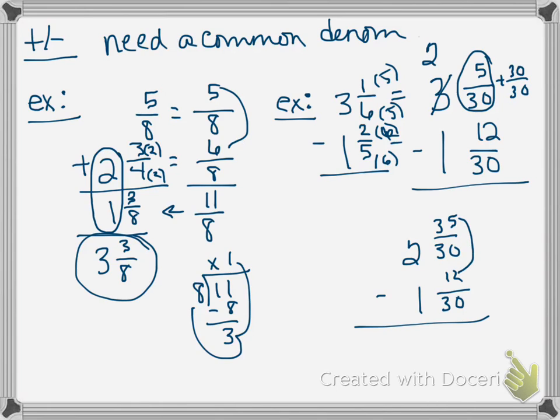So 35 minus 12 is 23/30. Remember, your denominator stays the same. 2 minus 1 is 1. So 3 1/6 minus 1 2/5 is 1 23/30.